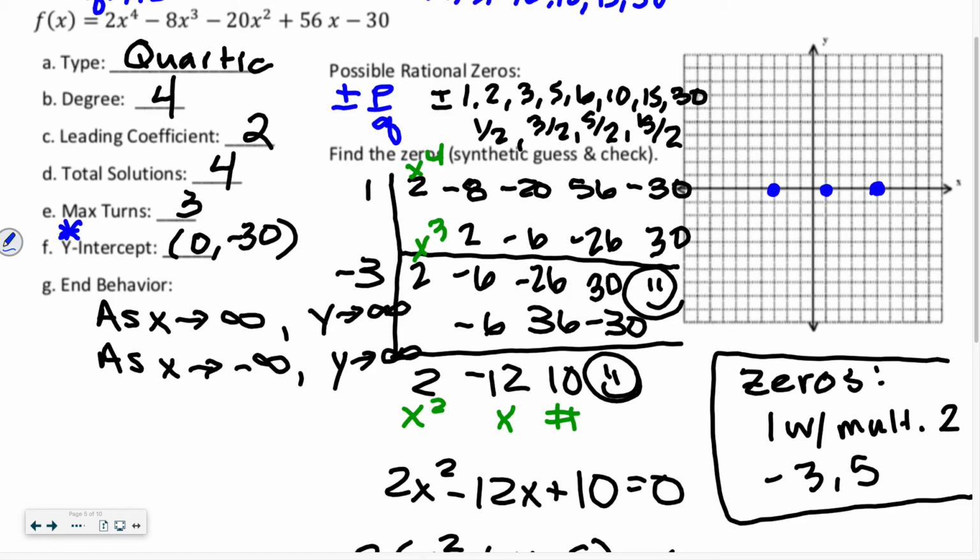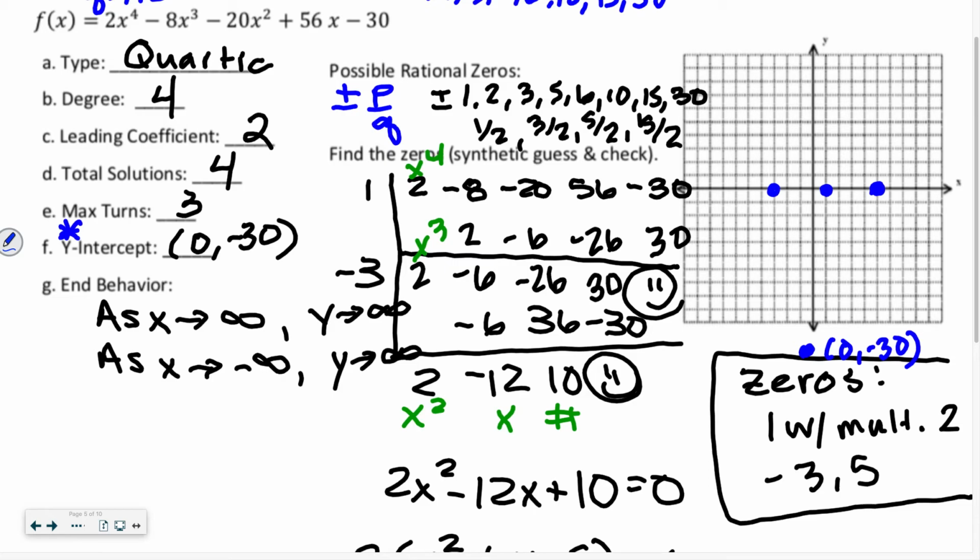This is my solution. I'm just going to call this 0, -30. If it's going off the graph, just drop it and label it. I get it. Okay, don't worry. I don't need you to scale it out.